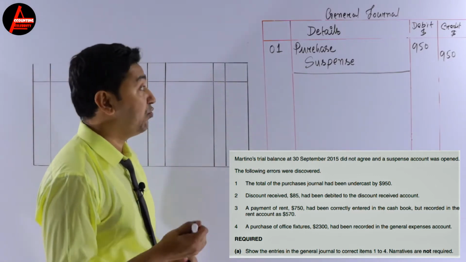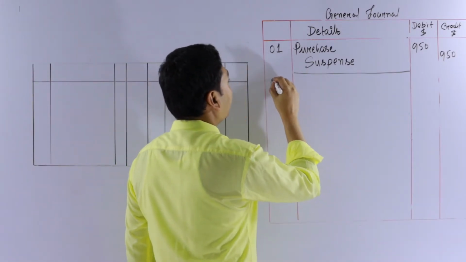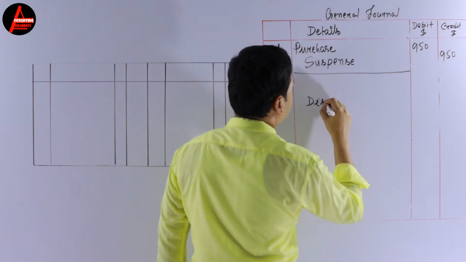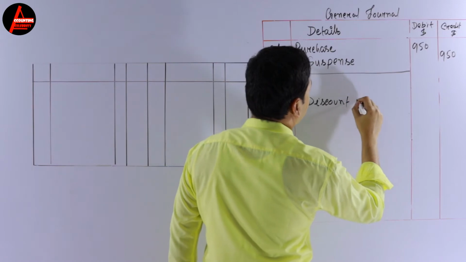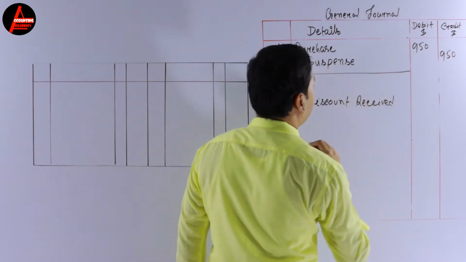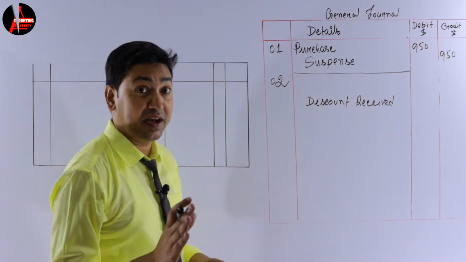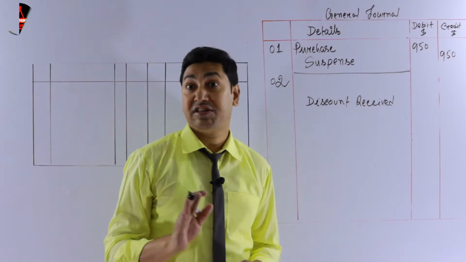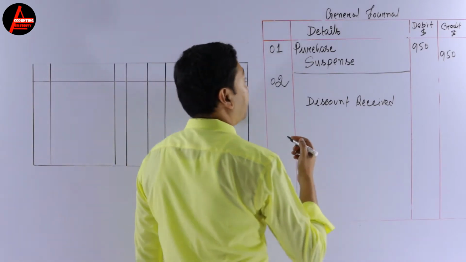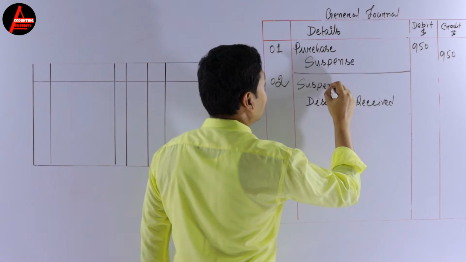So to correct it, we need to credit discount received. Then what will be debited here? The business could not discover the mistake, so we have to balance the trial balance using the suspense account.